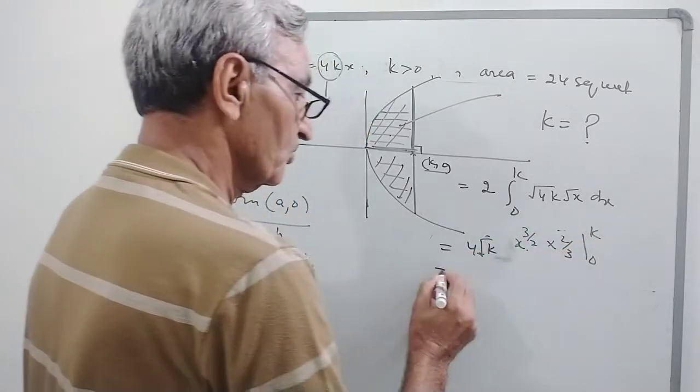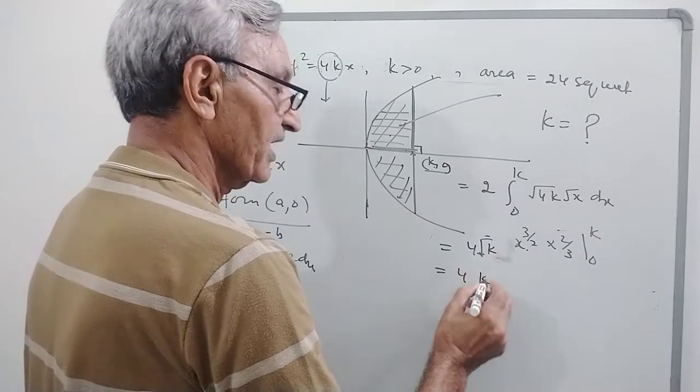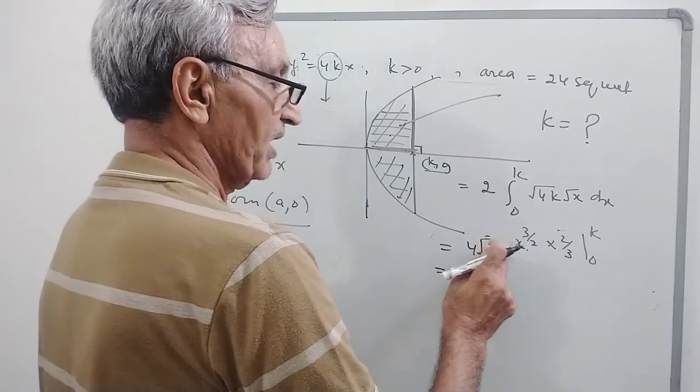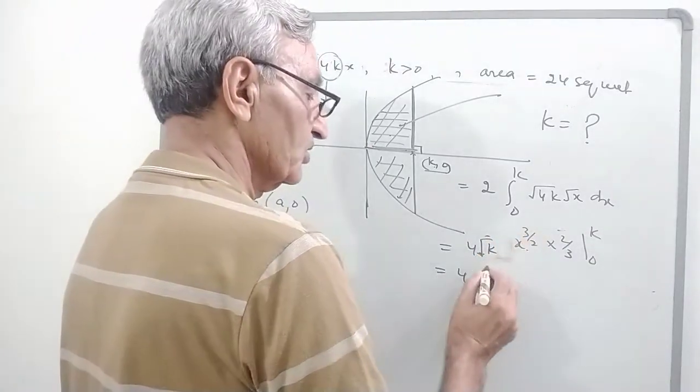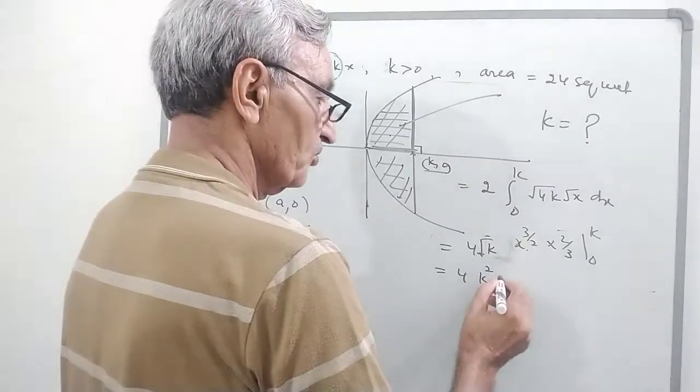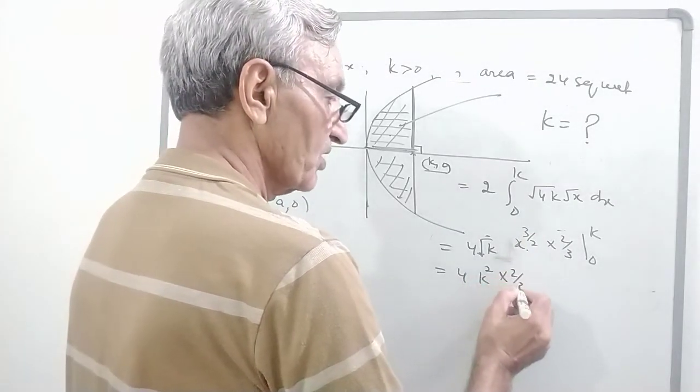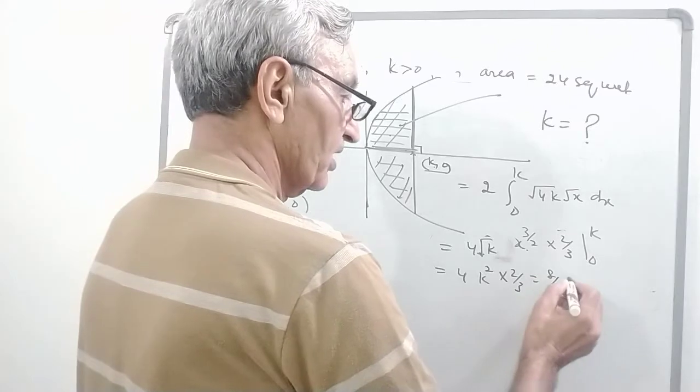Putting in k: 4 into k^(1/2) and k^(3/2), that is k², into 2/3. This is equal to 8/3 into k².